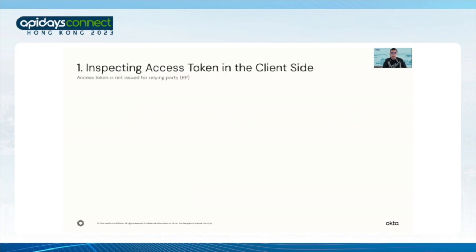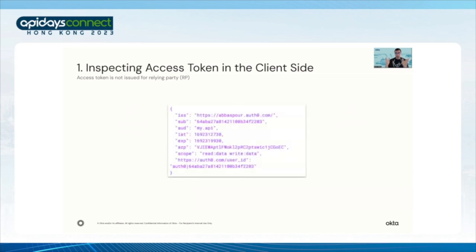Probably the most common thing that I've seen is the tendency to inspect the access token on the client side, or in your relying party. As you know, the access token in OAuth2 is an artifact that's issued for your resource server, or for your API. A typical access token is in JWT format, but this format should be considered opaque.